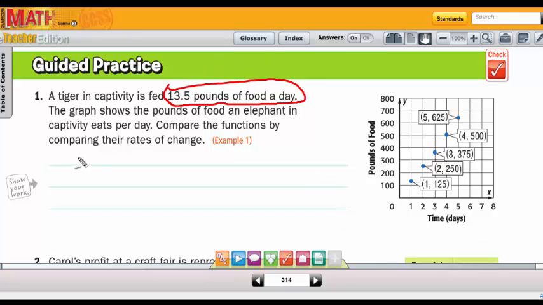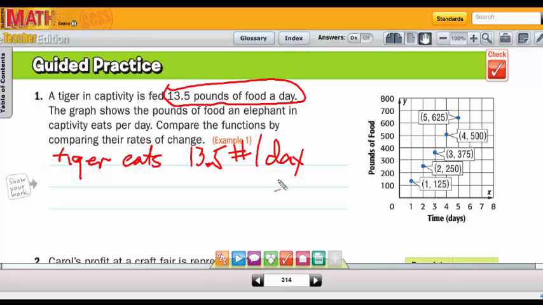So first of all, we would say that the tiger eats 3.5 pounds per day. That's the rate of change of the tiger. Now the elephant, we have to look at our data over here, and again we can do the change in y over change in x.